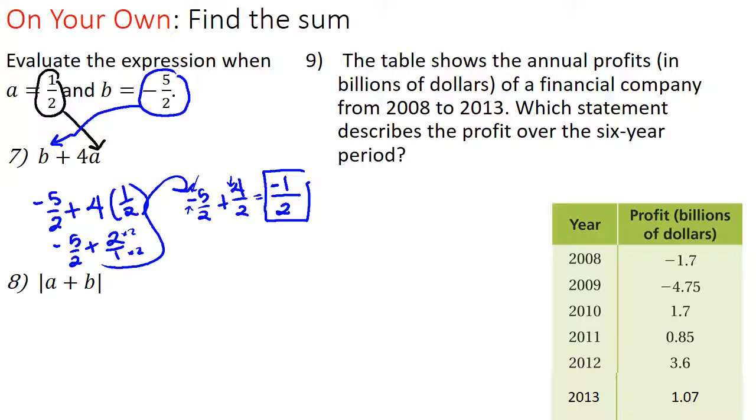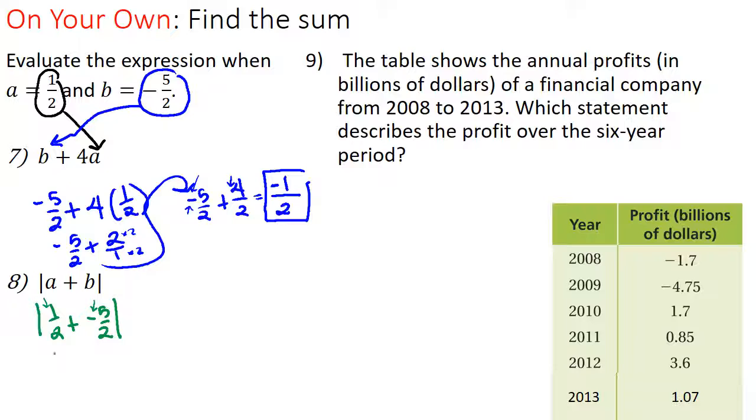Then for problem number 8, again, we're going to plug in our values we have for a and for b. So we have the absolute value of a plus b. Then we are going to do absolute value of 1/2 plus negative 5/2. So 1/2 plus negative 5/2, we're adding a positive and a negative, so we're going to do regular subtraction. 5 minus 1 is going to be 4.